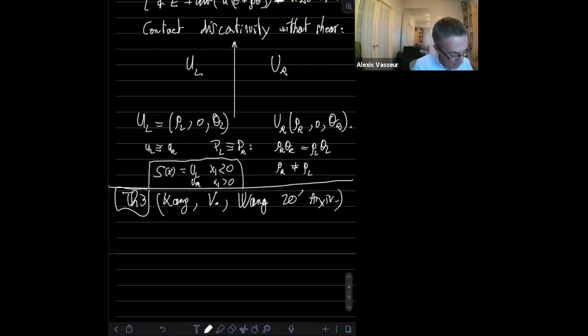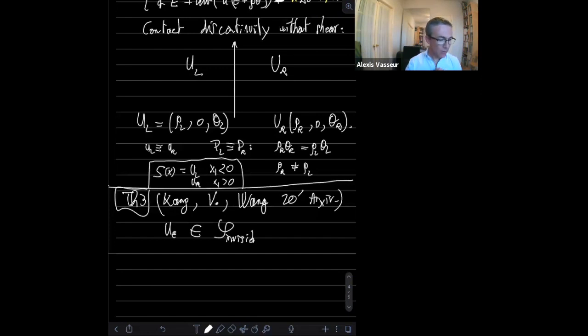And I will claim that if now I take a family of initial values, and if the U epsilon lies in a, again, weak class, so an inviscid limit of Navier-Stokes-Fourier. I forgot to introduce it, but I will introduce it.